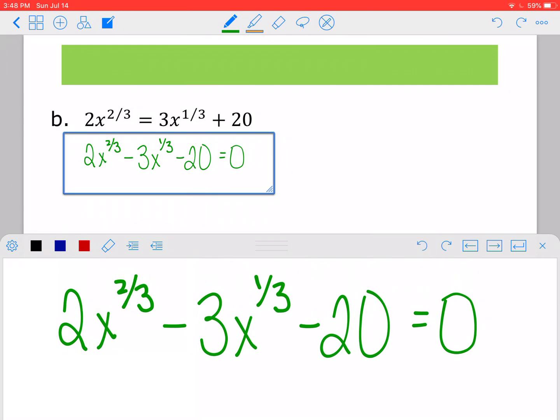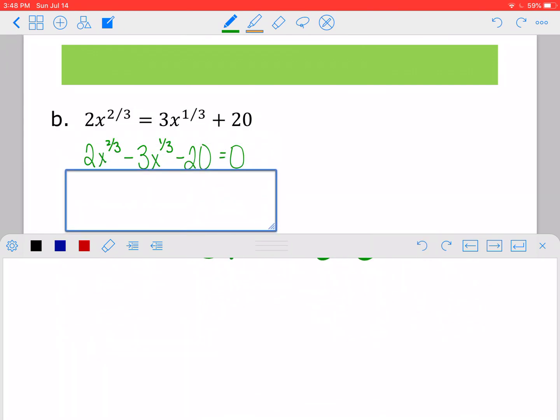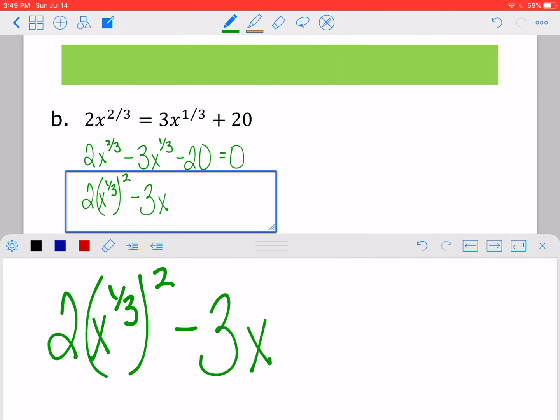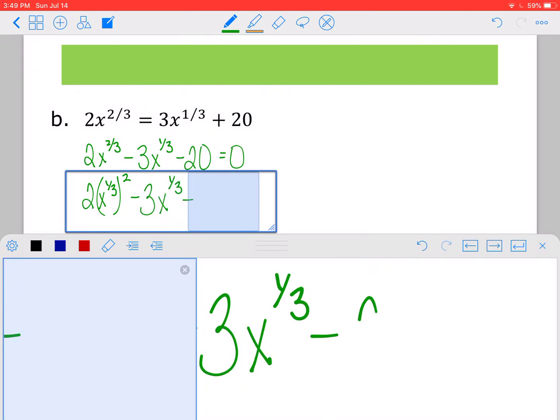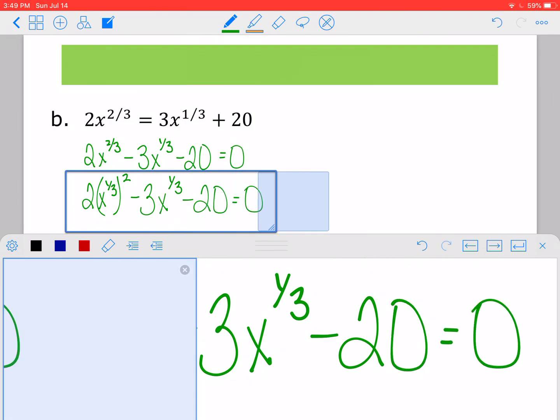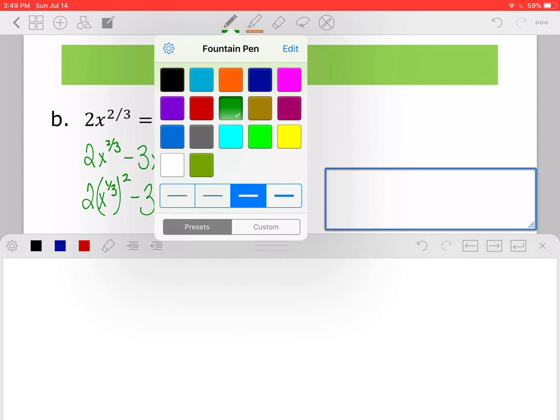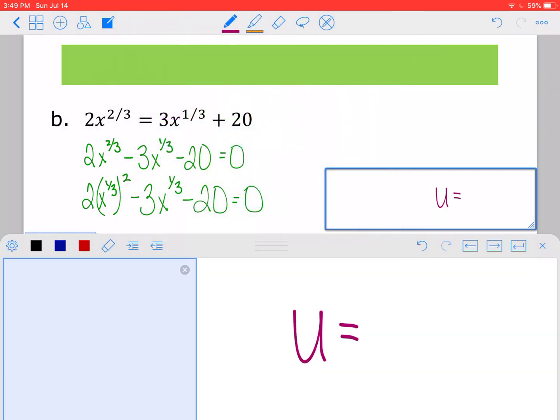So our u is going to be x to the 1/3. So we've got 2u squared minus 3 times u minus 20 equals 0.